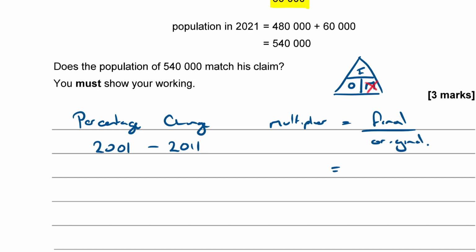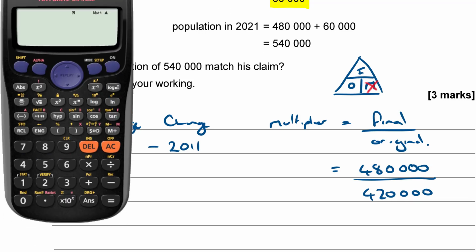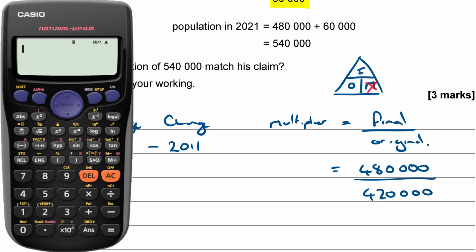Okay, so the final amount was 480,000, that's the amount in 2011. And in 2001, the original was 420,000. So tapping that into a calculator, 480,000 divided by 420,000. That's 8 over 7. That's not very helpful.